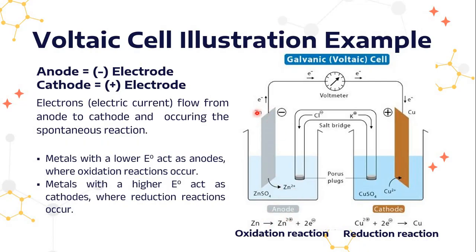Starting from the anode, the reaction is that zinc will produce a Zn2+ ion and also 2 electrons, because it is releasing electrons.